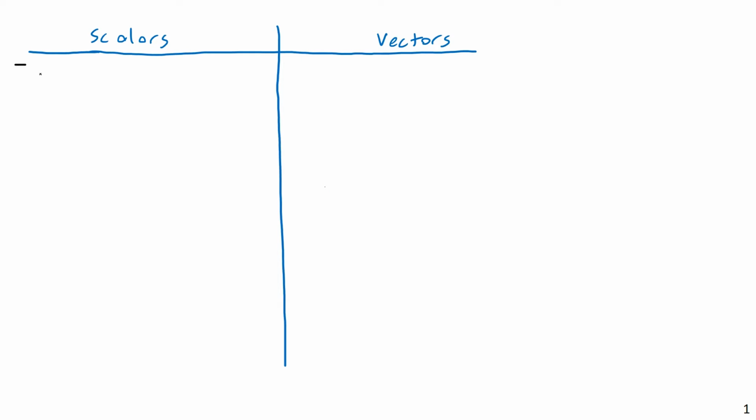First of all, a scalar is a quantity that has only magnitude. A scalar is going to have only magnitude or size, and of course when we say magnitude we mean size, but no direction.